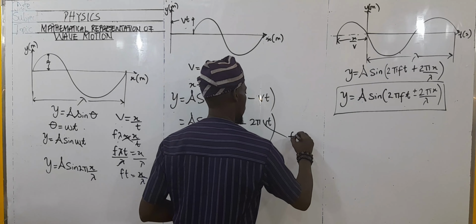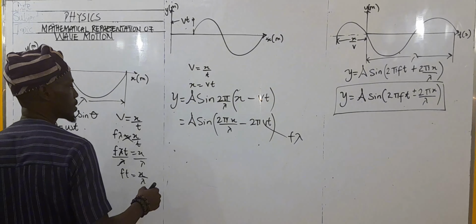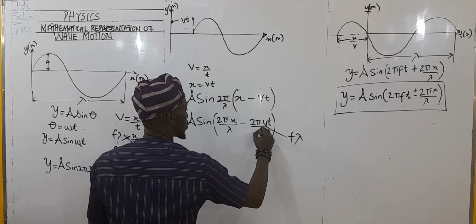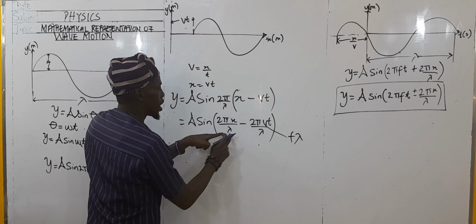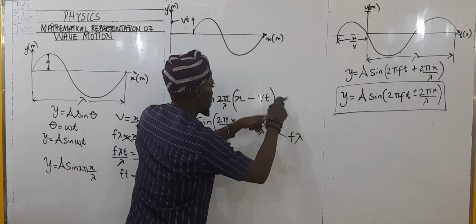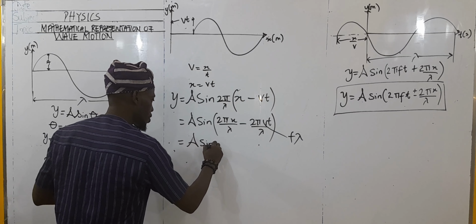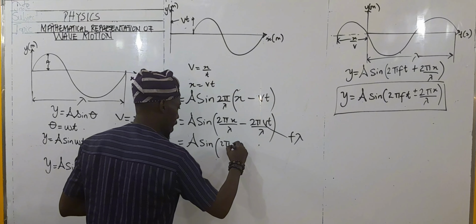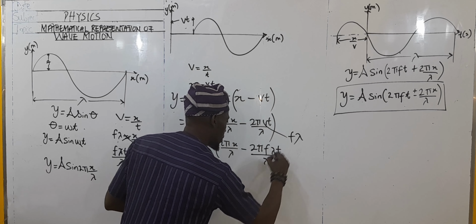So it's now going to give me A sine 2 pi x over lambda minus 2 pi, I'm taking v away, I'm putting f lambda t over lambda.